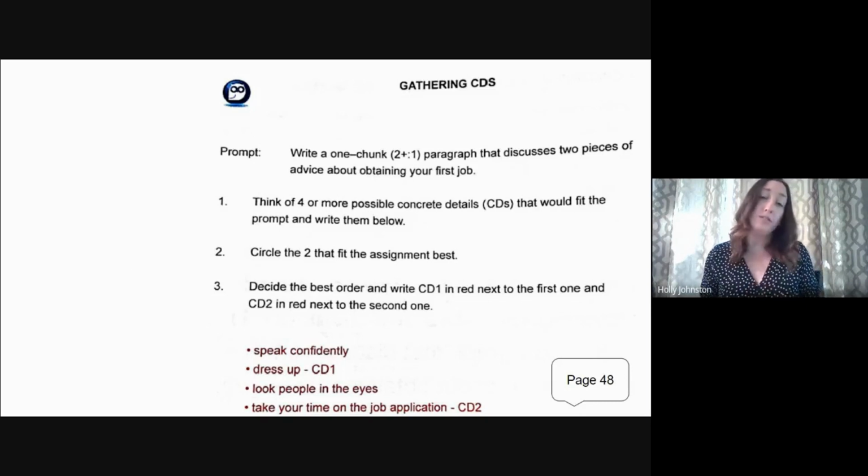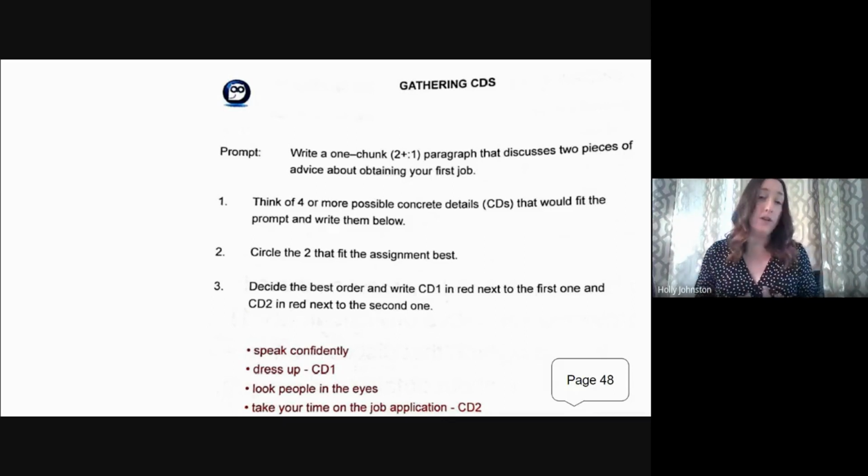We found that when students start with the topic sentence, they have a hard time connecting that topic sentence to the concrete details and the commentary that come after it. So it's really important that when we're writing, we start with those concrete details. It makes it easier for us to generate the commentary that goes along with the topic sentence and concluding sentence and commentary later on.